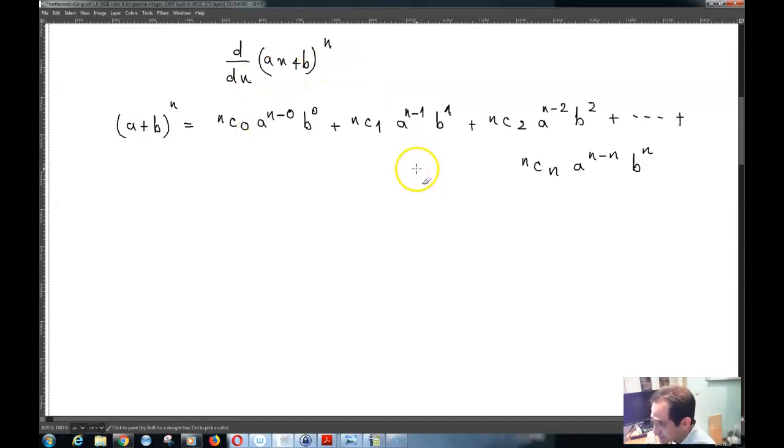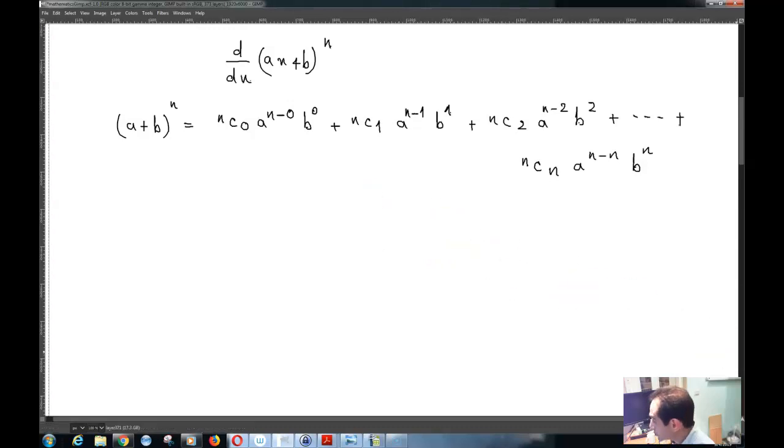And it works based on the concept of combinations, because of that whole story of Pascal's triangle.